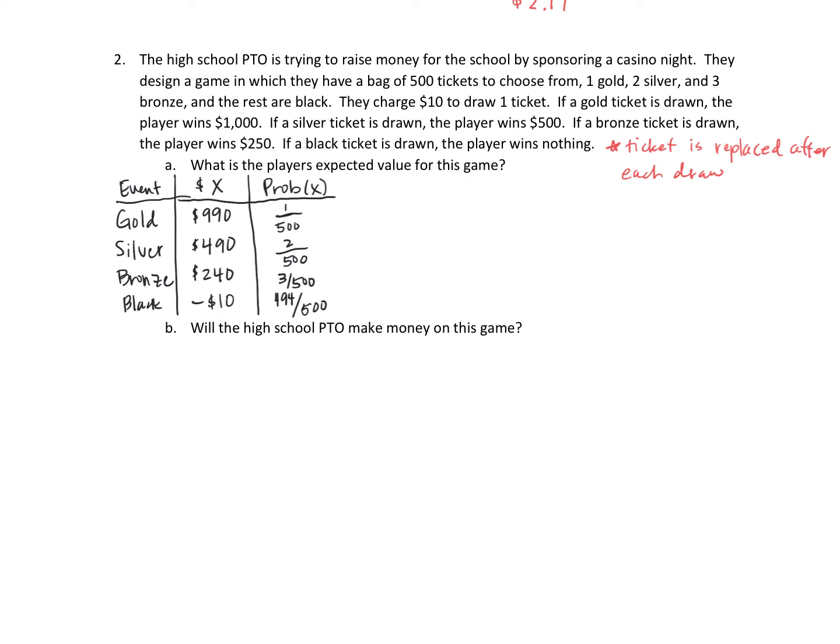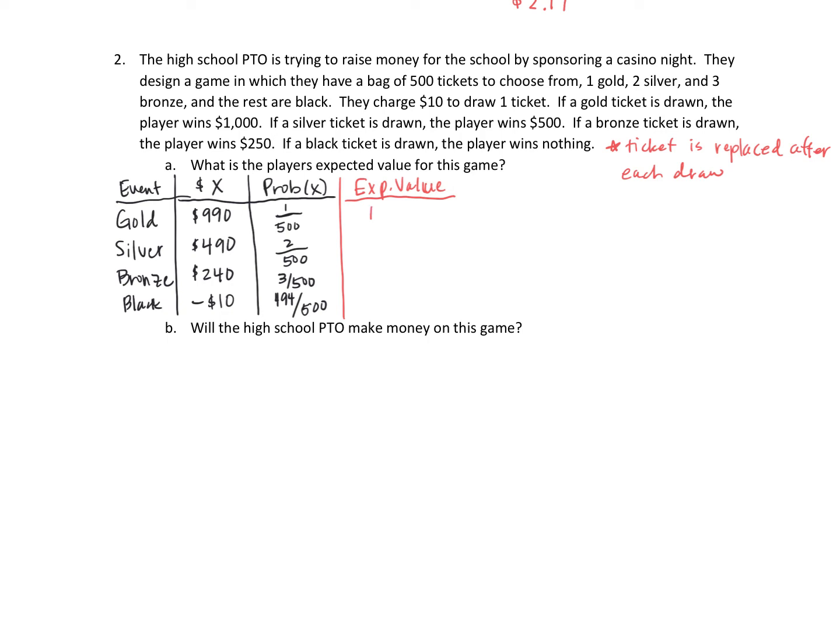So now to find the expected value, we multiply the value of the event times the probability of that event happening. So 1 divided by 500 is 0.002, and then we multiply that by $990.